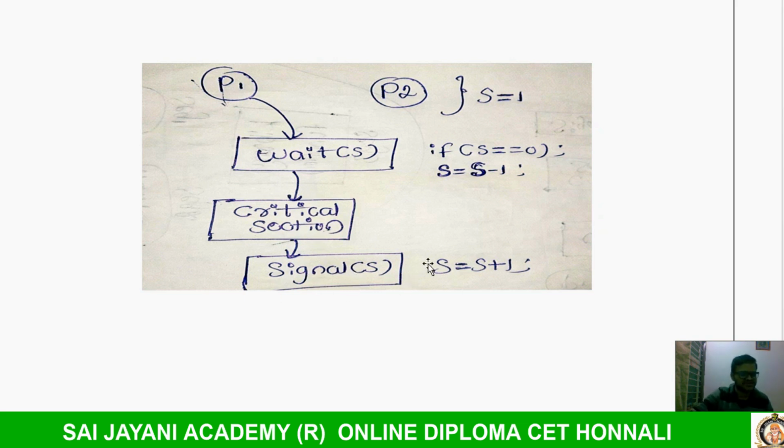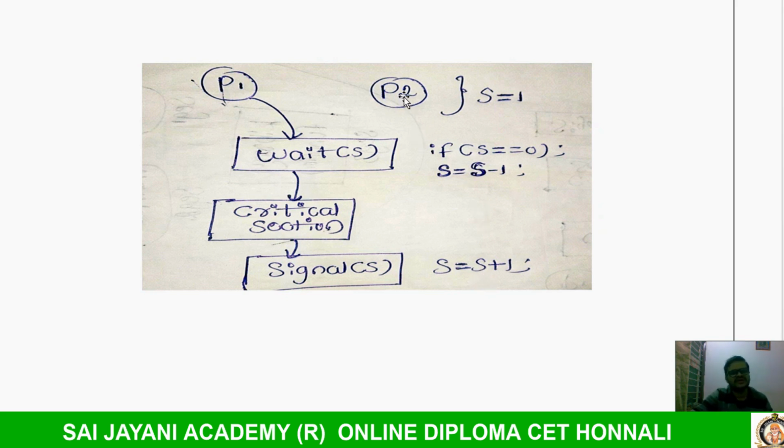In the signal operation, the semaphore value is simply incremented by 1. Before, the semaphore value is equal to 0. Now the semaphore value becomes 1. So it will change the semaphore value. Before it is 1, during the critical section code the semaphore value is equal to 0. After that, again the semaphore value is equal to 1.